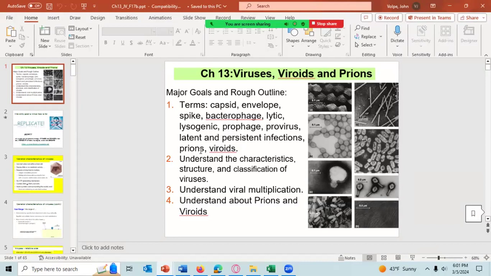Two, understand the characteristics of virus structure and virus classification. And three, understand viral multiplication. Viruses have different ways of multiplying, and we usually call them a life cycle. We'll talk about different viral life cycles. And four, understand about prions and viroids. Any question about what we're going to cover?